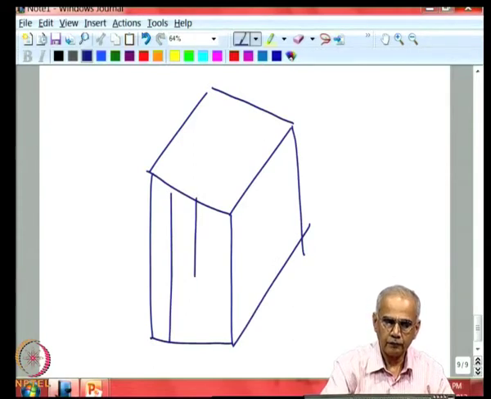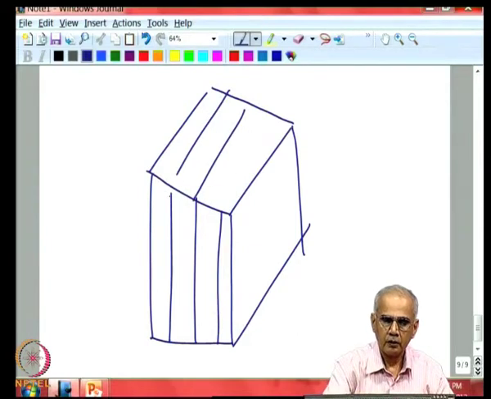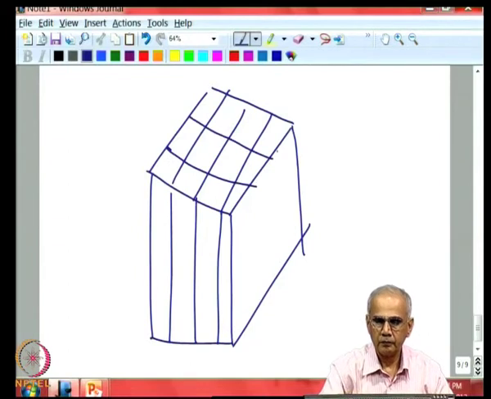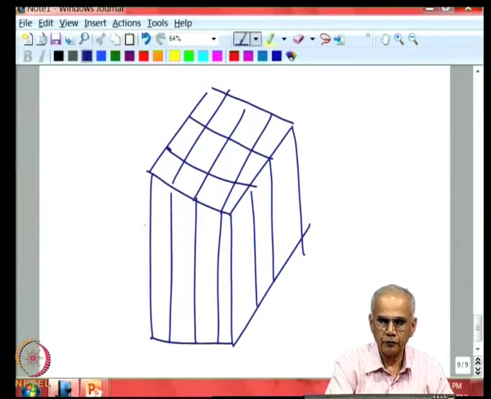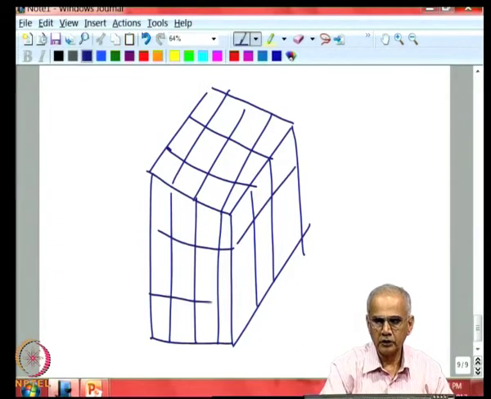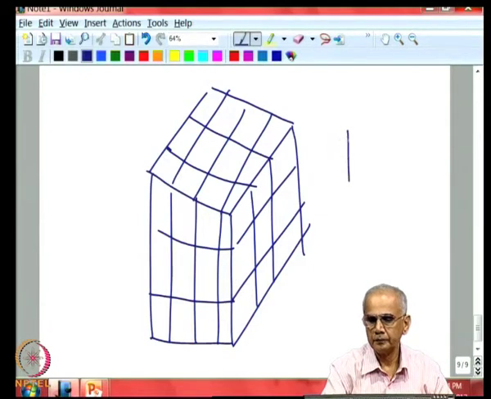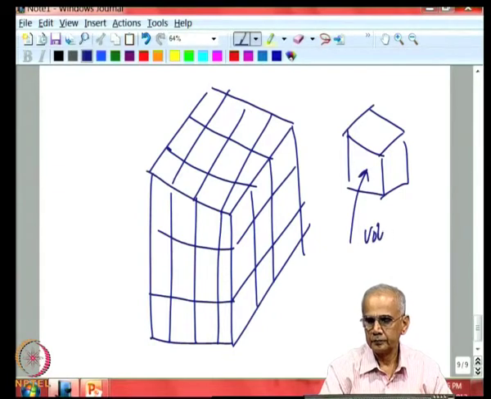So, if you think of this full 3 dimensional model, you can see that the furnace is composed of a large number of volume elements, as well as surface elements.